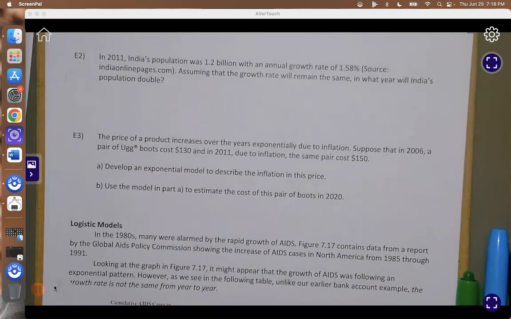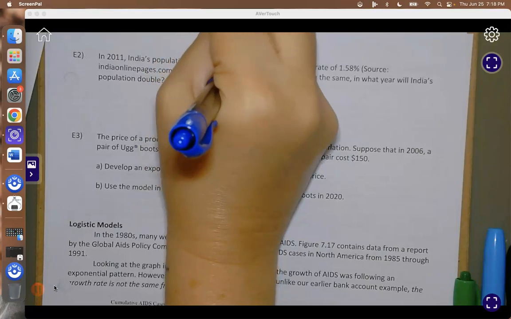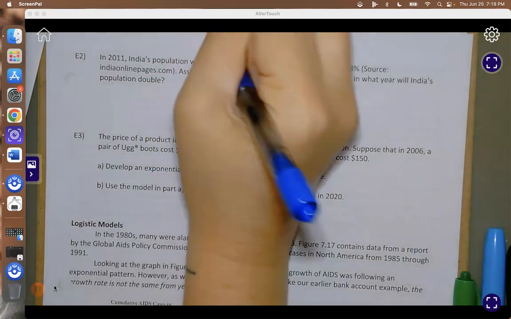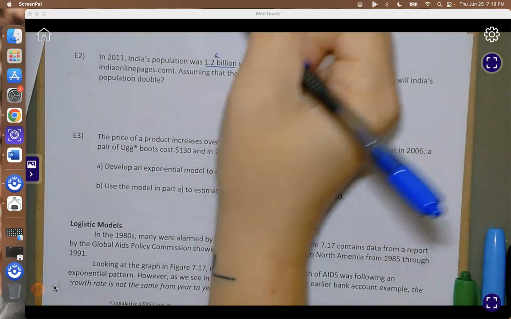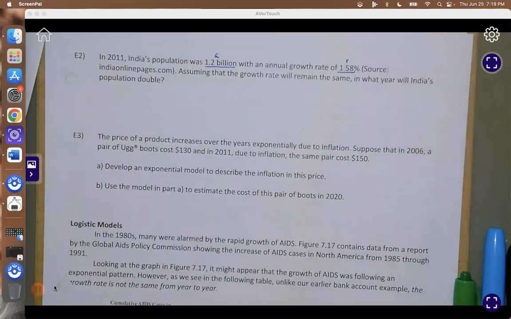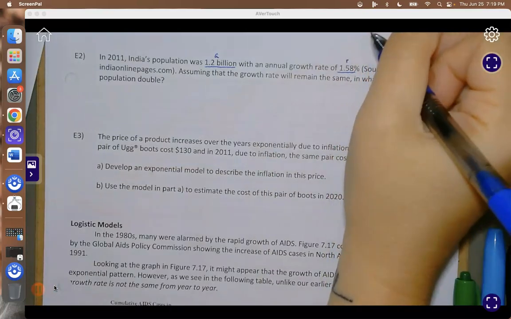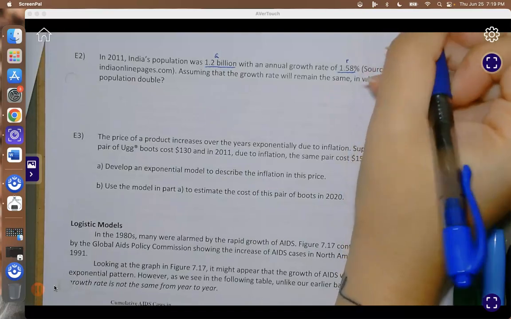In 2011, India's population was 1.2 billion. Okay, so that was our original population. Okay, with an annual growth rate of this. So this is my R. Okay, assuming that the growth rate will remain the same, in what year will India's population double?